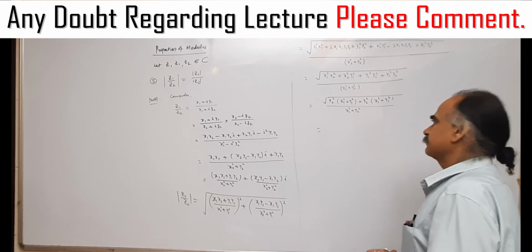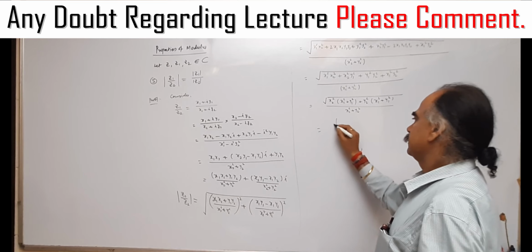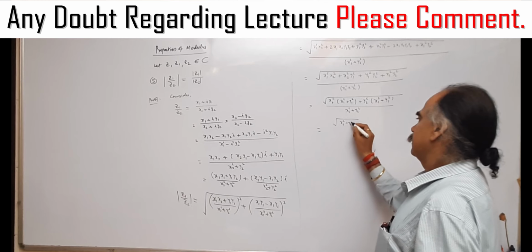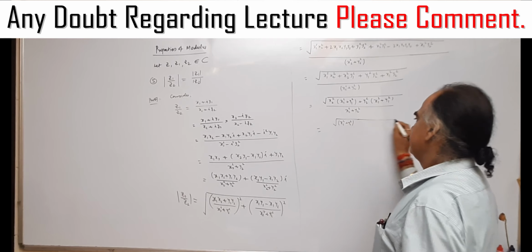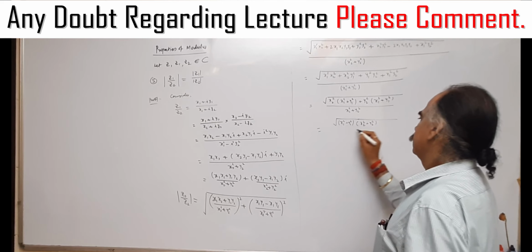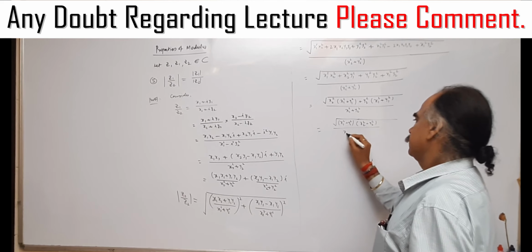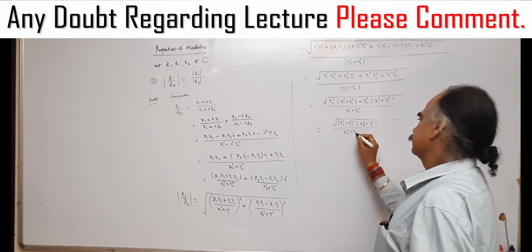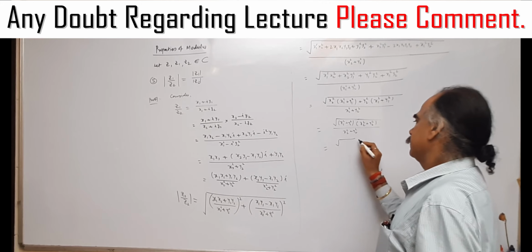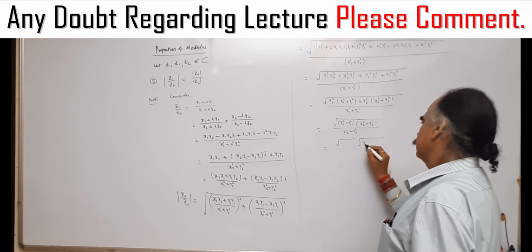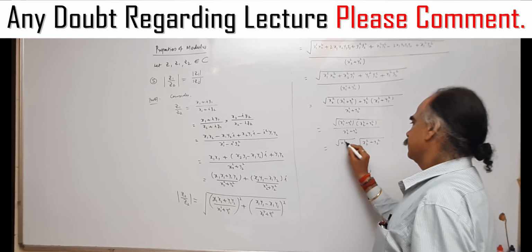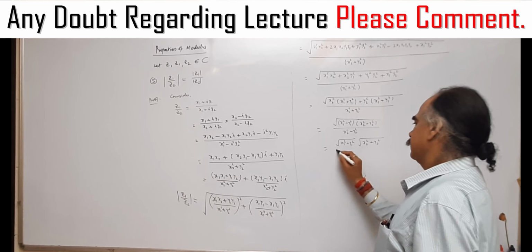Now take x1 square plus y1 square common, into x2 square plus y2 square, divided by x2 square plus y2 square. Now remove it from the root, separate it.